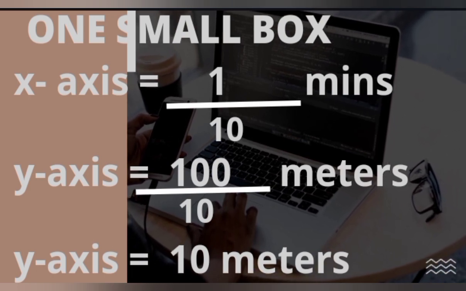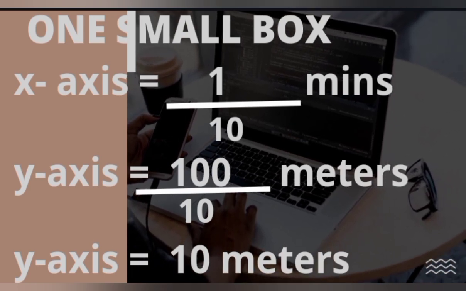So for the x-axis, one large box represents 1 minute, then one small box represents 1/10 minutes, while for the y-axis, one large box represents 100 meters and one small box represents 10 meters.